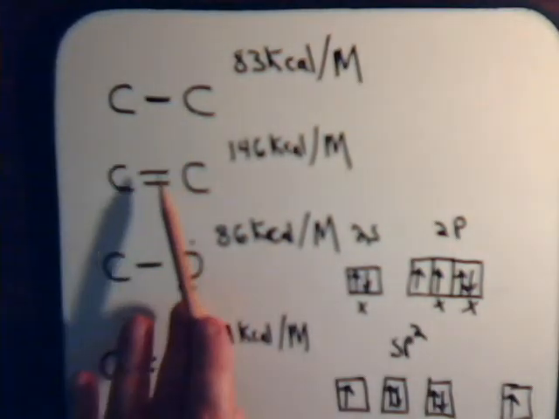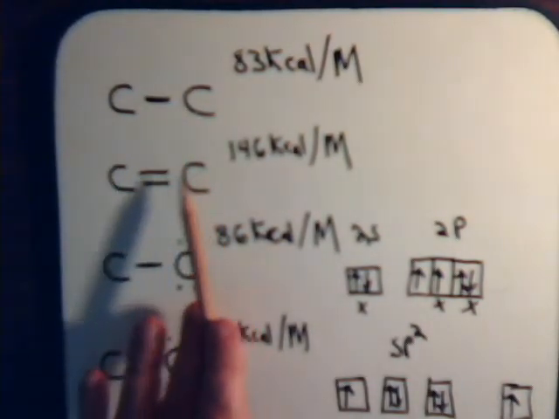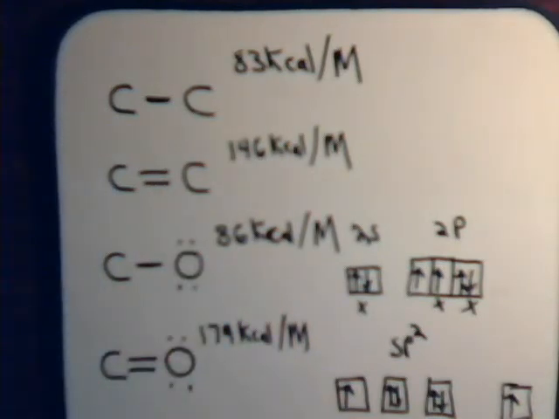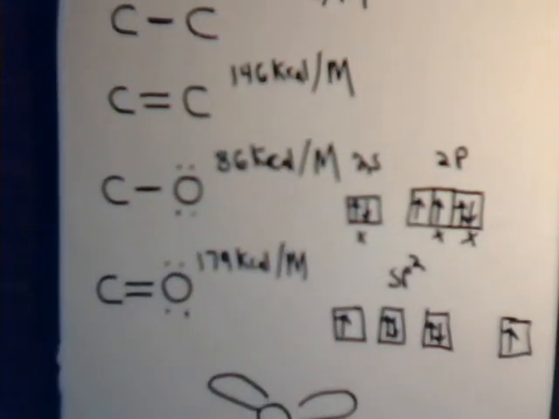Up here we didn't see that because up here we didn't have any lone electron pairs to contend with. So there's a simple example here then of how lone electron pairs and hybridization patterns can affect the bonding strength.